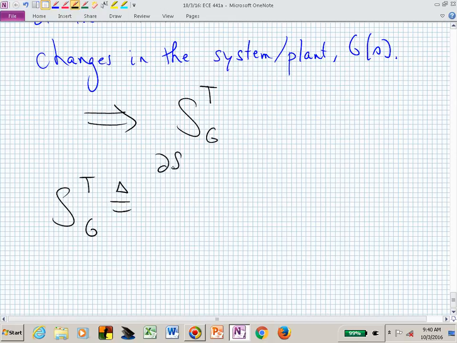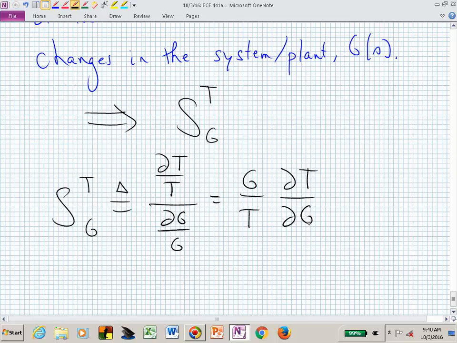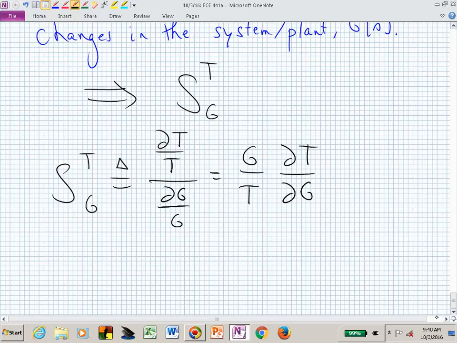We now are interested in the partial of T over T over the partial of G over G. And maybe we multiply the denominator by 1, G over G, and the numerator by 1, T over T, and we end up with G over T, partial of T with respect to G. And that's now our sensitivity of the transfer function T with respect to G.